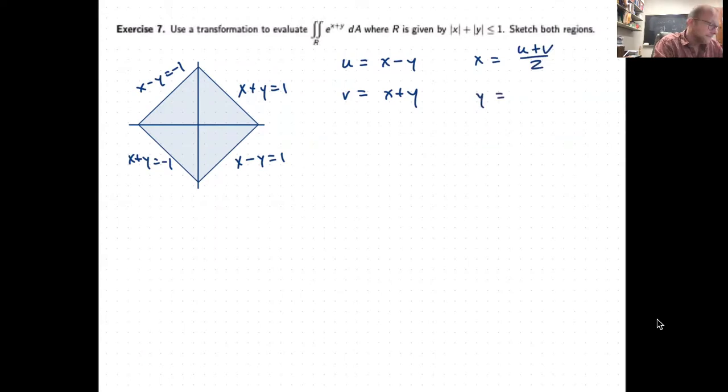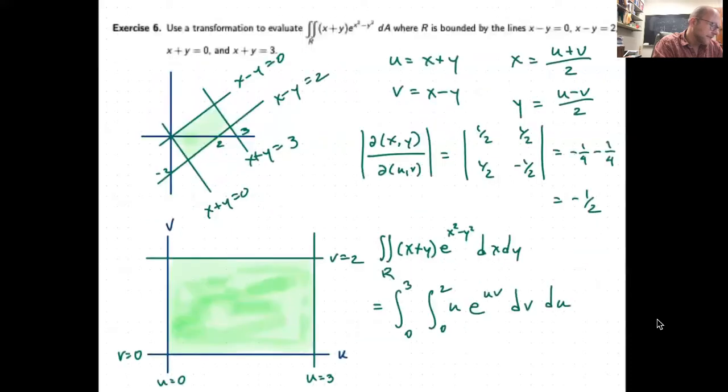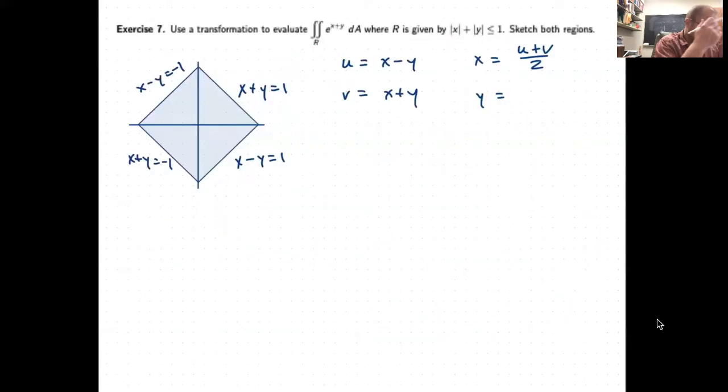Hang on. Let me look back and see which thing I had. V is x minus y, so okay. I hope this doesn't come back and bite me again. Okay, to get the y, you say v minus u, so you have minus u plus v over 2, and that, yeah, that is what I want.